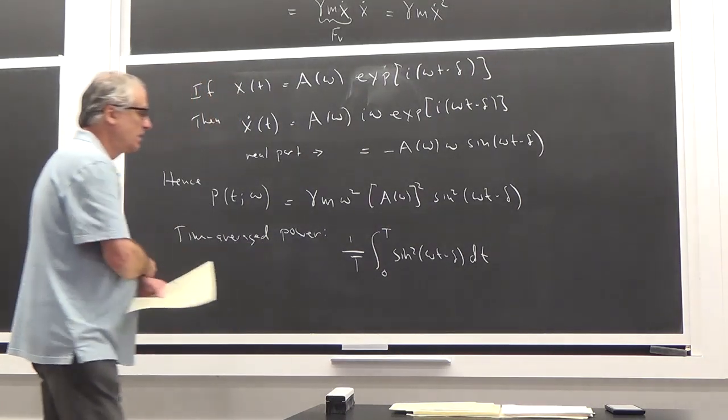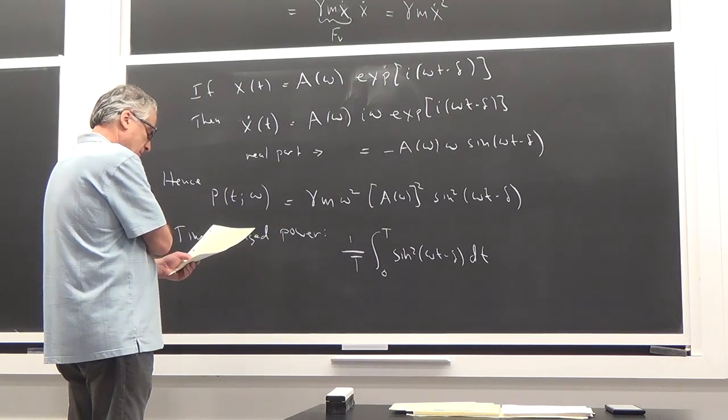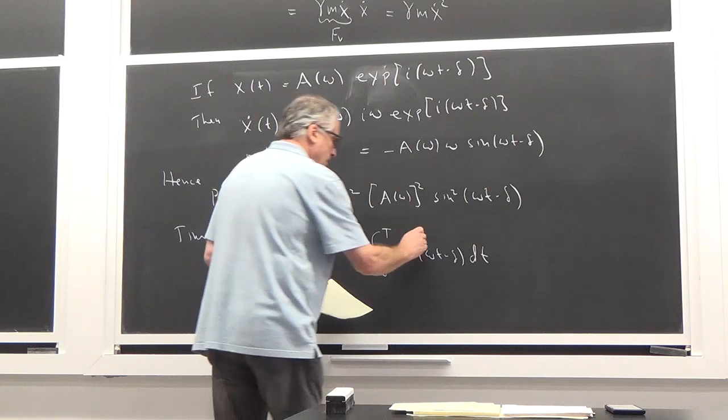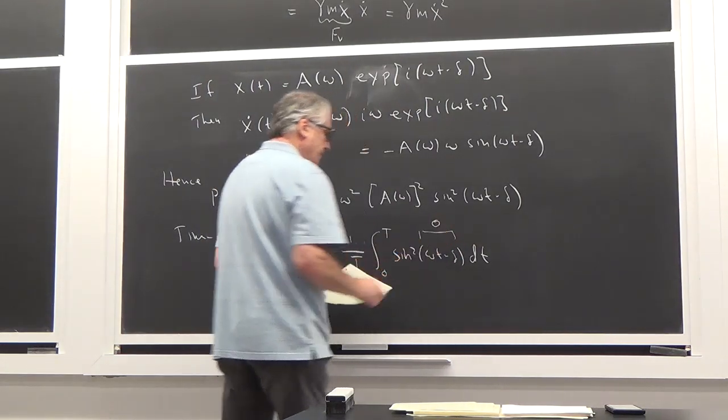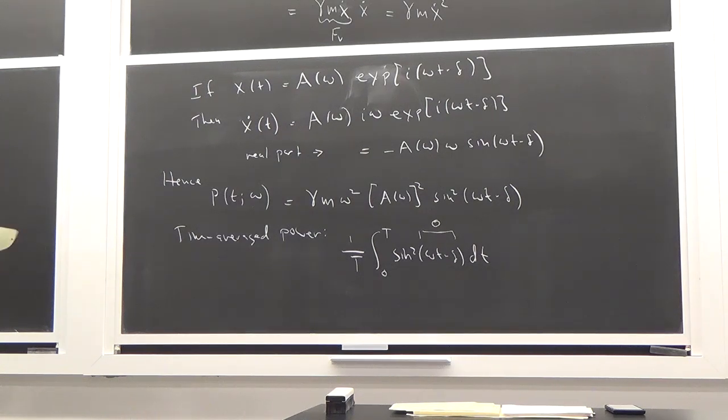So we notice that, well, we could just let theta be whatever is in here and do the corresponding manipulations. It's basically just an average of sine squared theta over one cycle. That's all it is. Okay?